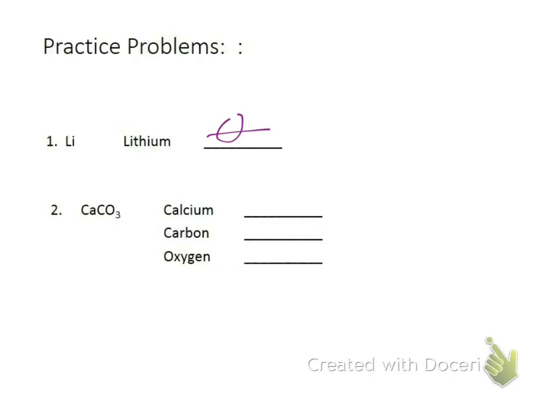Because carbonate is a polyatomic ion, I'm going to pull it out separately. Calcium is a group 2 metal. It's going to have the same charge as what it normally does. If its charge is +2, its oxidation state is +2 because it's a monoatomic ion. So calcium would be +2.